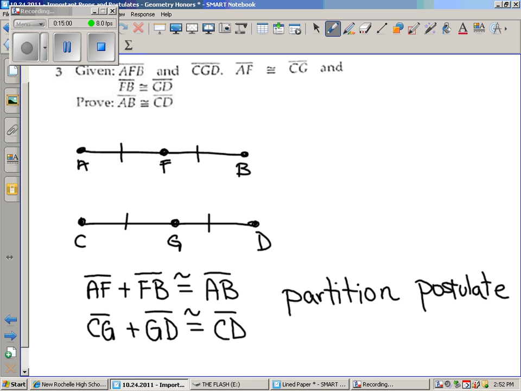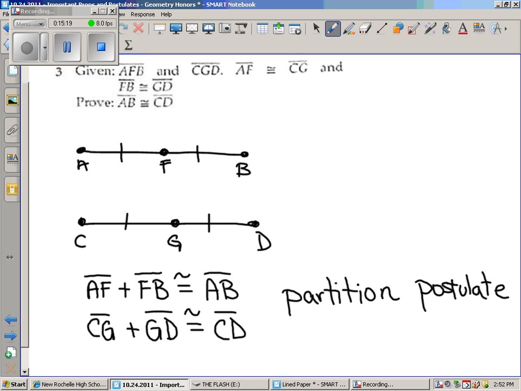We still have more to go. Okay, talk to me. Oh, congruent. Yeah, we don't know the numbers. That's why we use that. But the congruent symbol really means equal without a number.